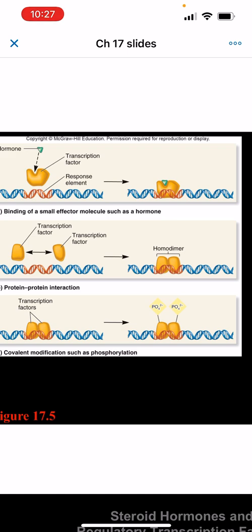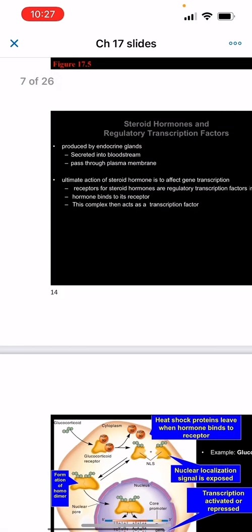But remember, we're talking about eukaryotes. And how is eukaryotic DNA packaged? Remember? Nucleosomes. Really tightly packaged. What do you think is going to happen to gene expression?